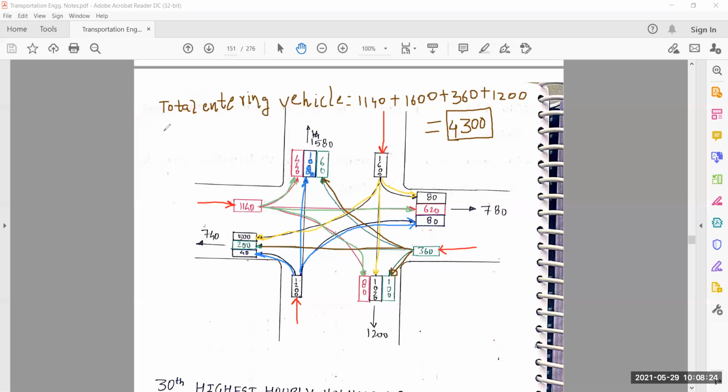Now the total vehicles going out through the intersection.